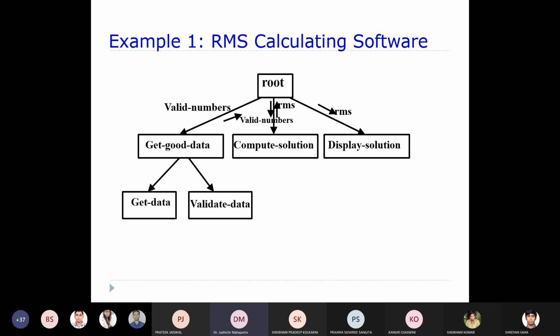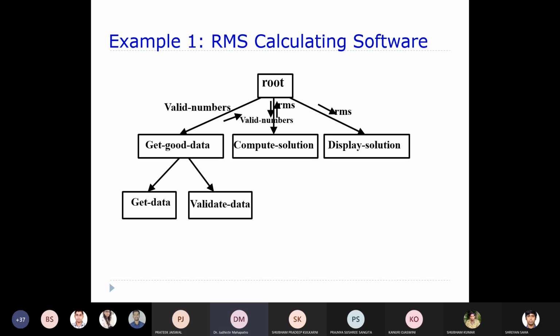That means one processing is going to get the data, and the other is going to validate it. So now these are the two sub functions. This is the way you go on dividing your modules. This is the level of abstraction that you can maintain, right? This is the way.